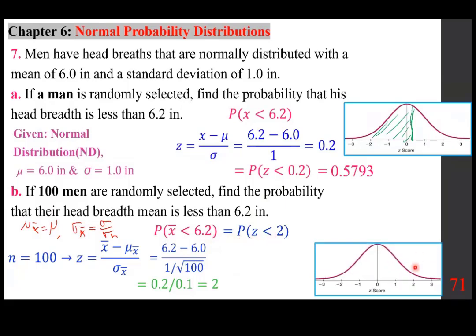And here's the graph. So from here, number 2, we want this area. Gives us 0.9772.